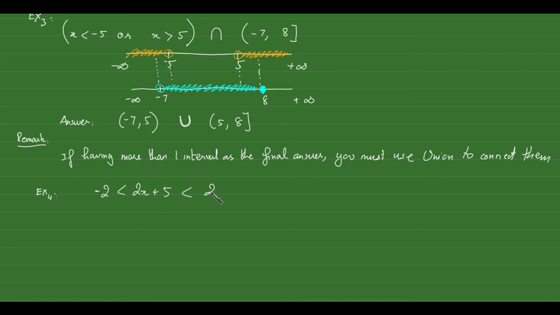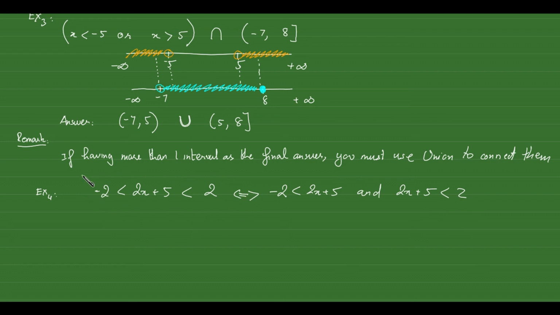This is still called a compound inequality, because it has the same meaning as negative 2 less than 2x plus 5 and 2x plus 5 less than 2. So they don't want to write it like this because it takes too long, and there's a short way of writing this compound inequality.